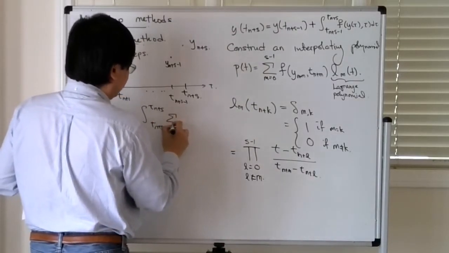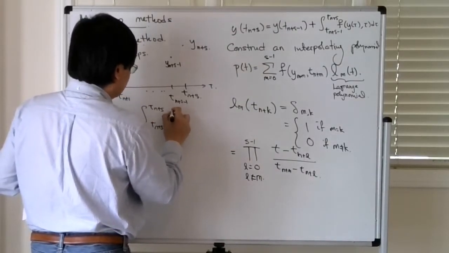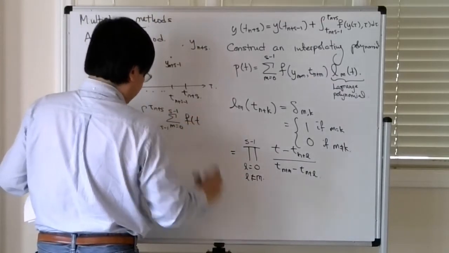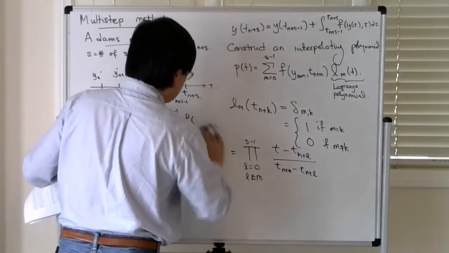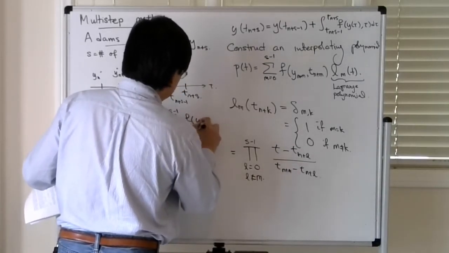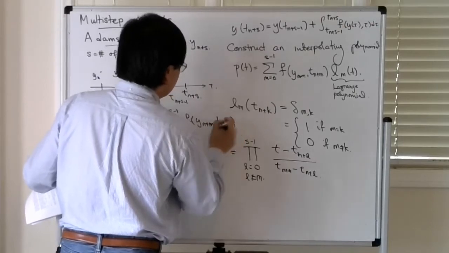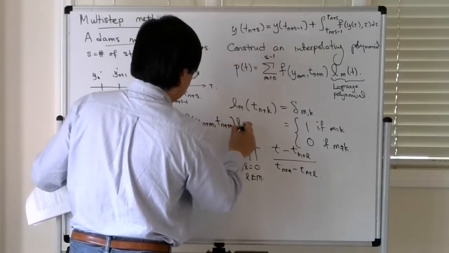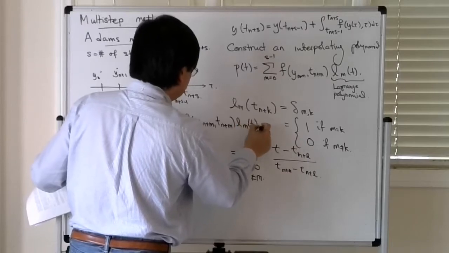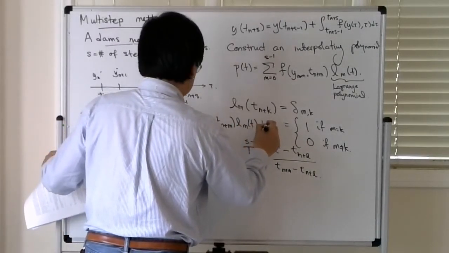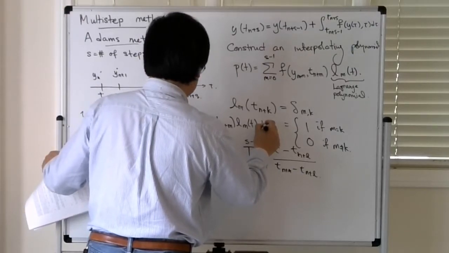So this is the sum from m equals 0 to s minus 1 of f(y_{n+m}, t_{n+m}), multiplied by this Lagrange polynomial, and you have to integrate this with respect to t.